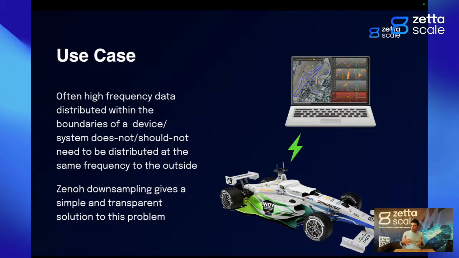That be the robot, that be the car, a subsystem, a ship, a car, whatever. But the same data doesn't need to be shared with the rest of the world, or in some instances cannot, for security reasons, and I'll get back to that, shared with the rest of the world at the same frequency. Okay, I need to downsample the data.